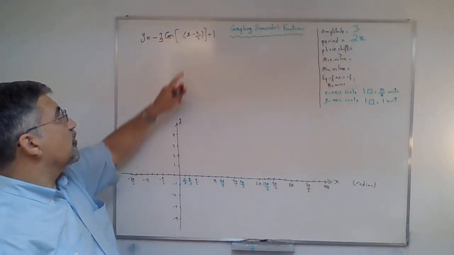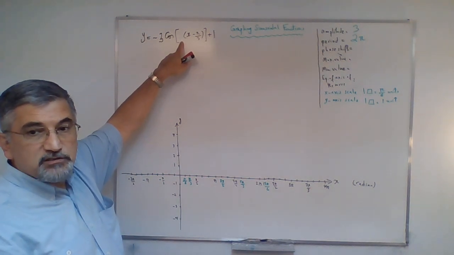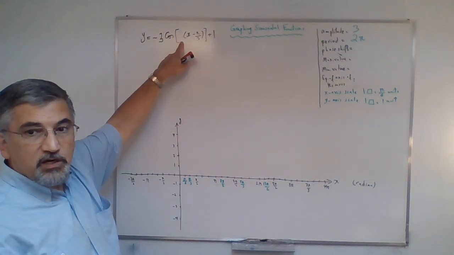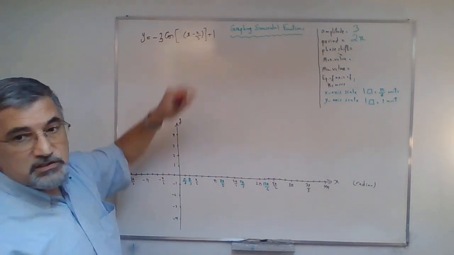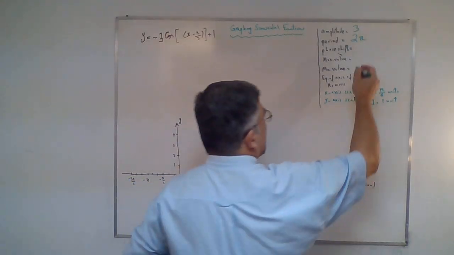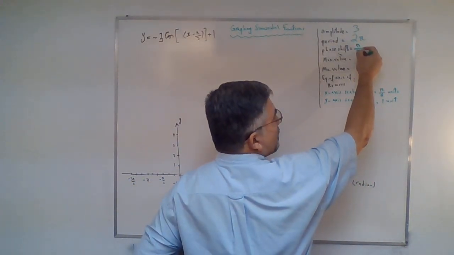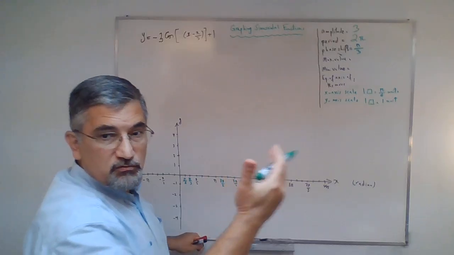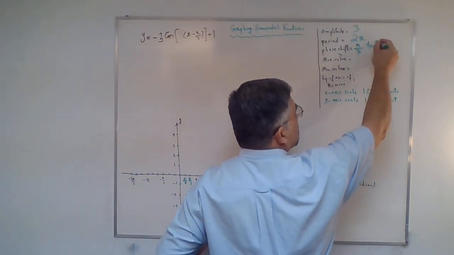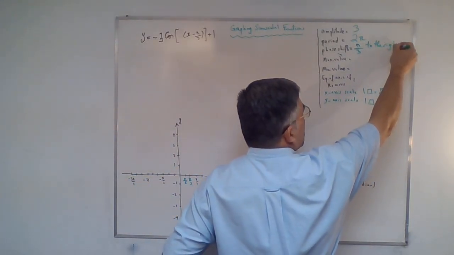If there was a coefficient like 2 or 3 here, the answer would be 2 pi over 2 or 2 pi over 3 radian. The phase shift in this case is pi over 3 radian. That is the amount of horizontal shift, and the direction is to the right.